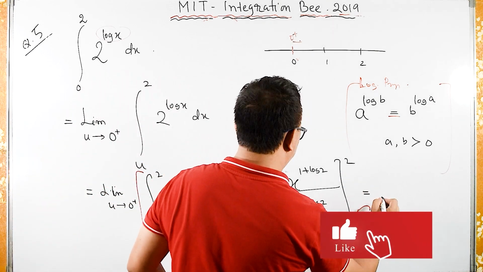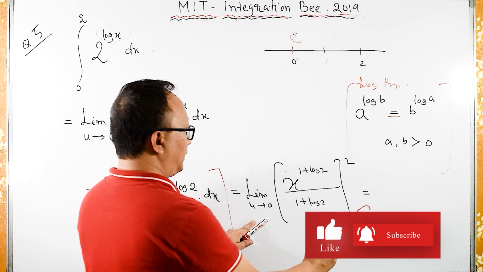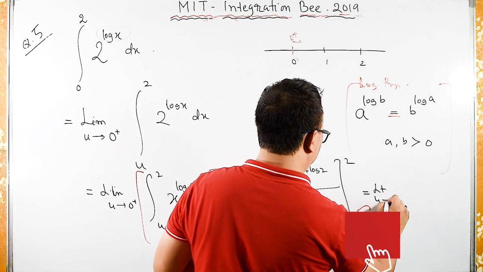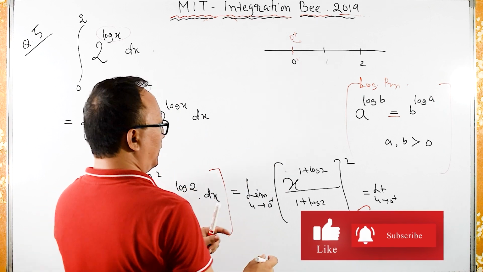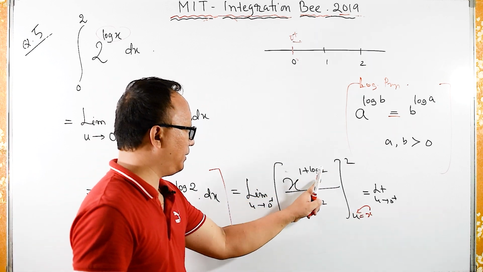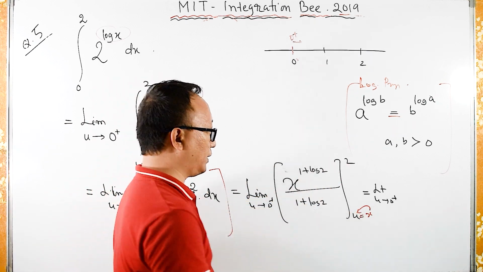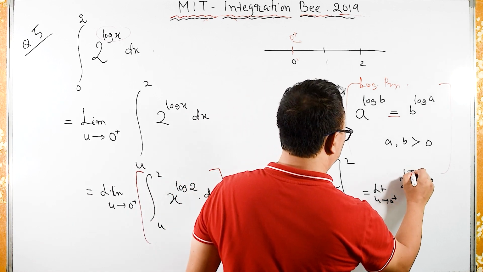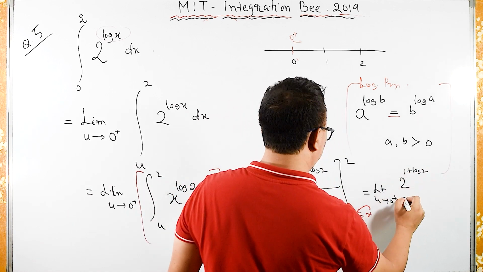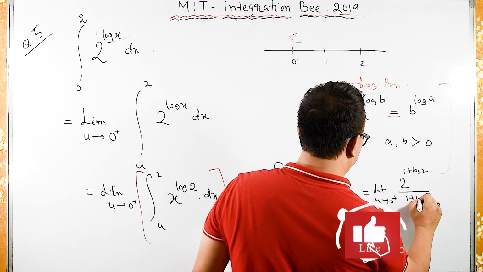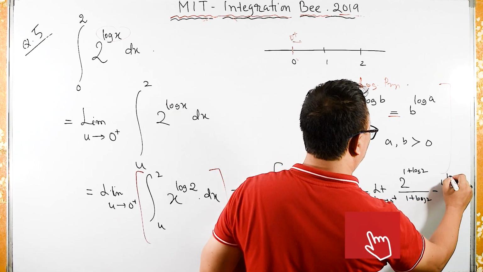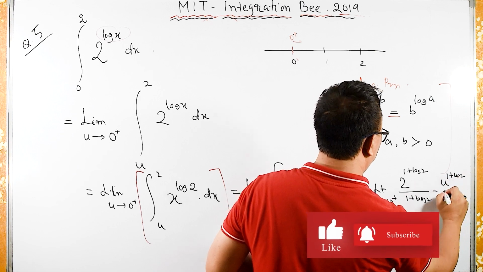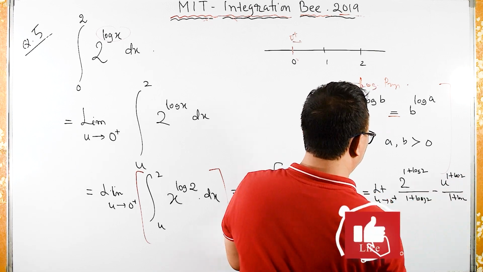Is equals to limit of u tends to 0 plus. If I substitute the upper limit, instead of x I have to substitute 2. So 2 raised to 1 plus log 2 upon 1 plus log 2, minus u raised to 1 plus log of 2 upon 1 plus log of 2.